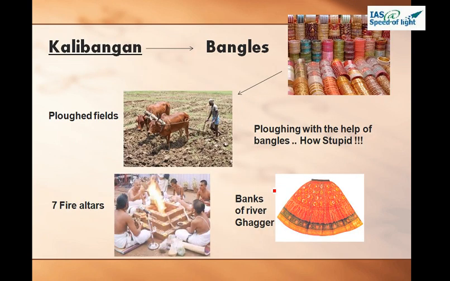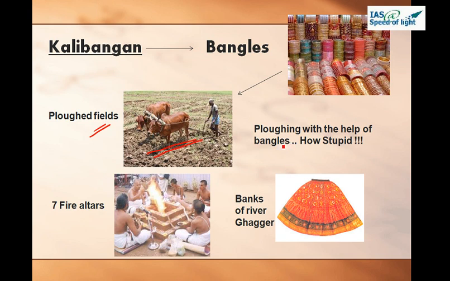Coming to the third site, it is Kali Bangan. So from Kali Bangan, we get bangles. Kali Bangan, bangles. Things which have been found from Kali Bangan are the plugged fields. A farmer plugging his agriculture field.